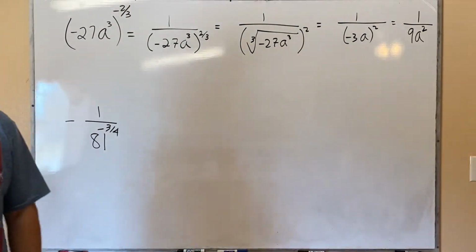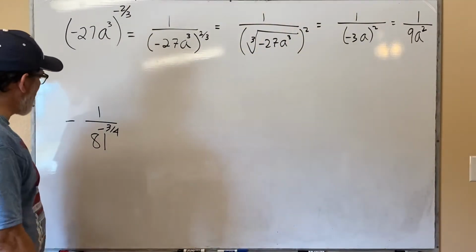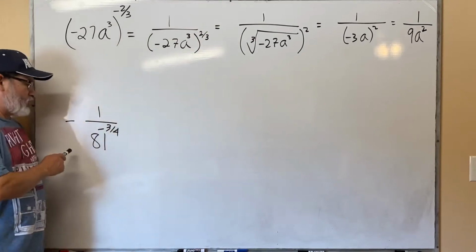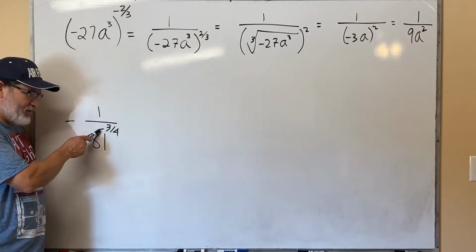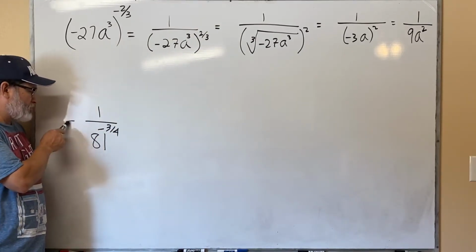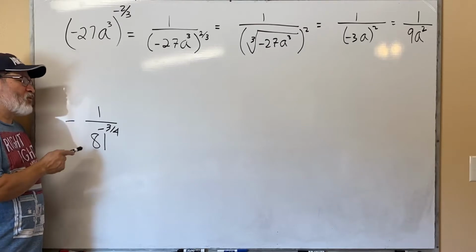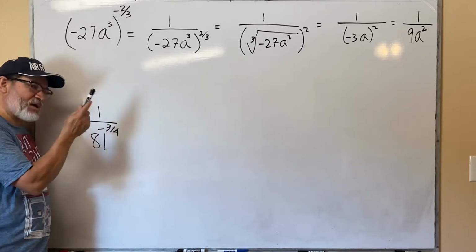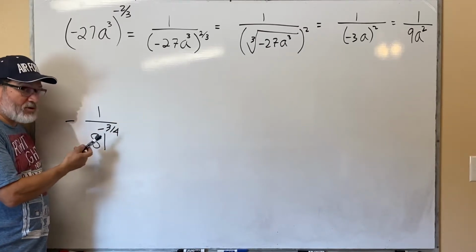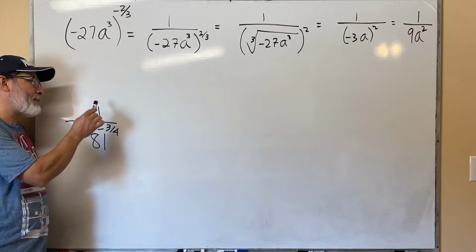All right. How about this one? Well, what bothers us is this negative power, not this negative sign. This says the fraction is negative, but this is a negative power. We're gonna make this negative power positive by taking the reciprocal, or you can just bring it up.